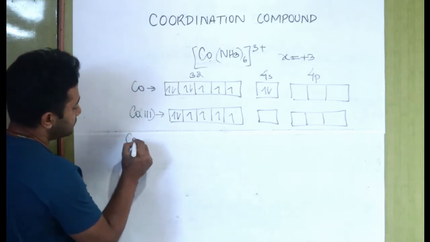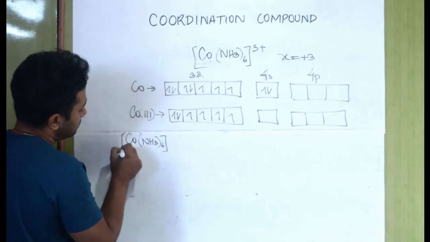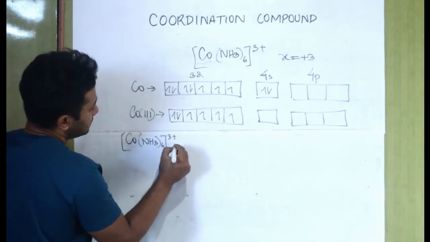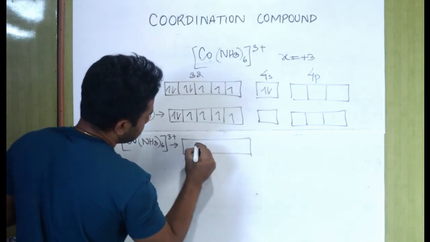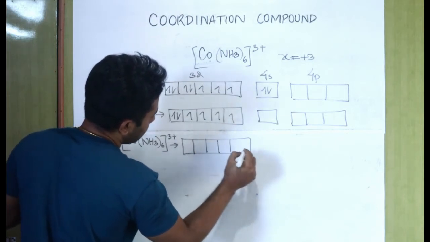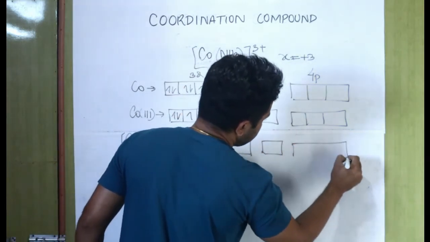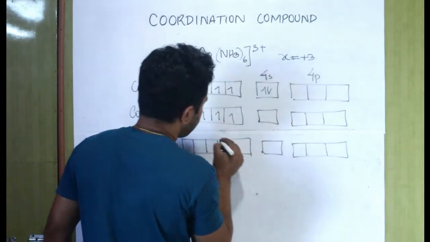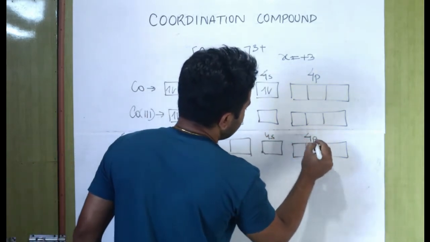So now we have [Co(NH3)6]3+, with 3d, 4s, 4p.